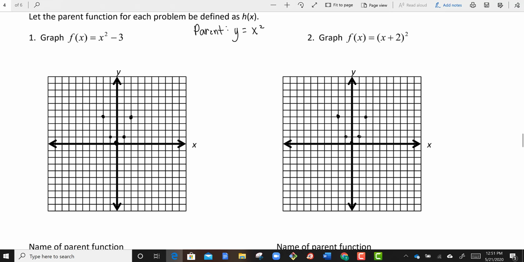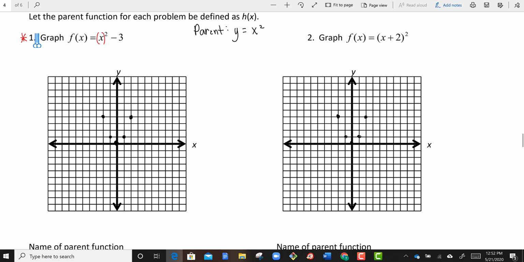If you understand how to graph the parent function and you understand the shift rules we just went over, the rest is going to be really easy to actually graph this new function. You could make a t-chart, but we don't need to do that because on number 1, that minus 3 is on the outside of the mathematical operation of a square.